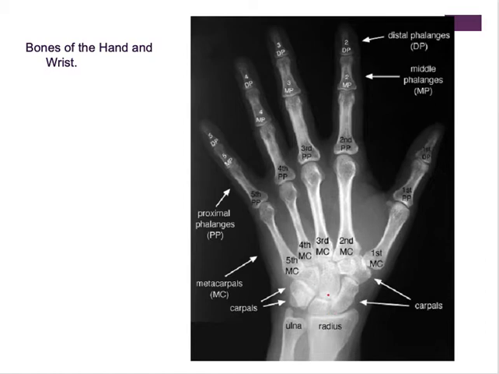You have 7 of those, and in your toes you have 8. Then you have your metacarpals, which are going out in the palm of your hand. And then that brings us to the fingers.